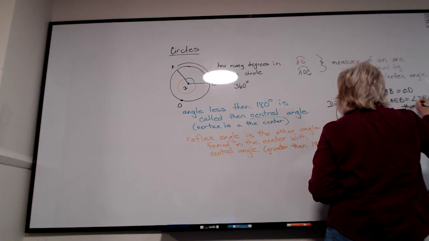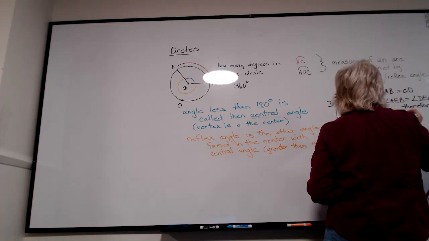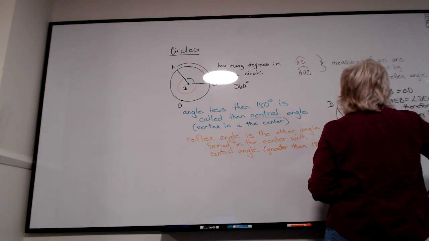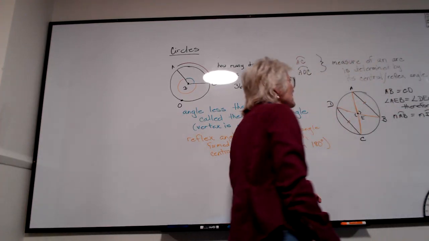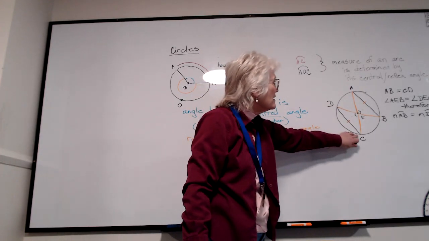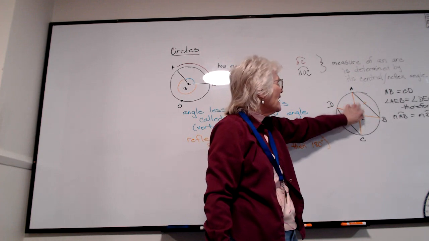Therefore, the measure of arc AB is equal to the measure of arc DC. Okay? Because this arc will equal that arc because these are the same, their angles are the same.